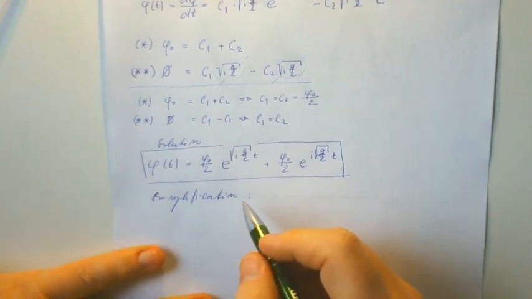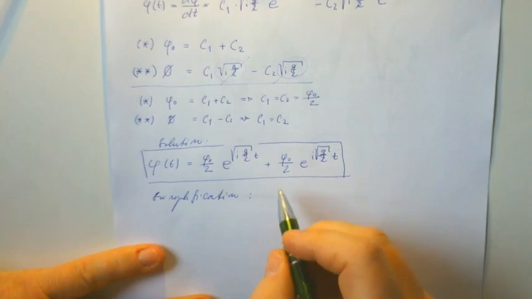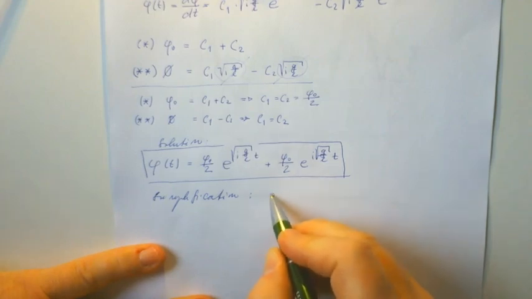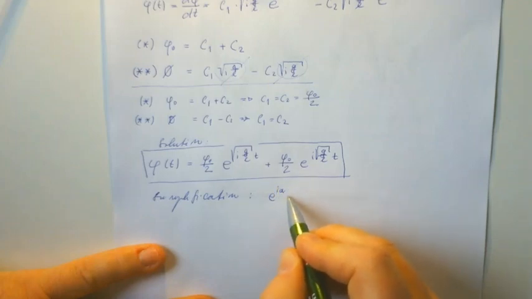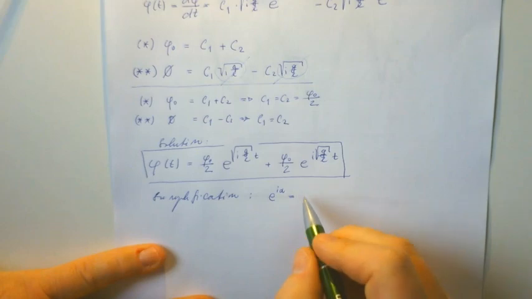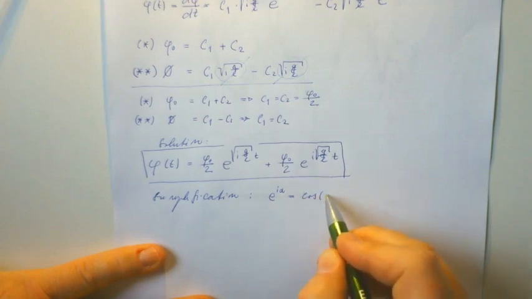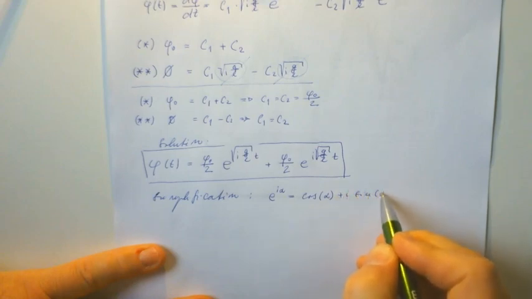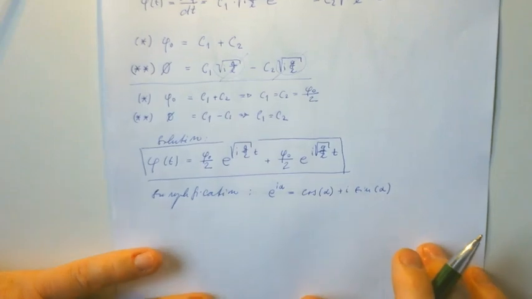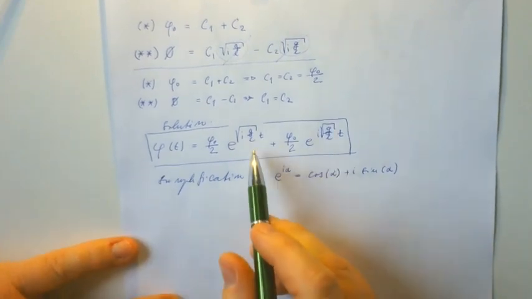I think you know that if we have a complex number, Euler number e to the power of i alpha can be written as cosine alpha plus i sine alpha. Okay, and we can substitute here.